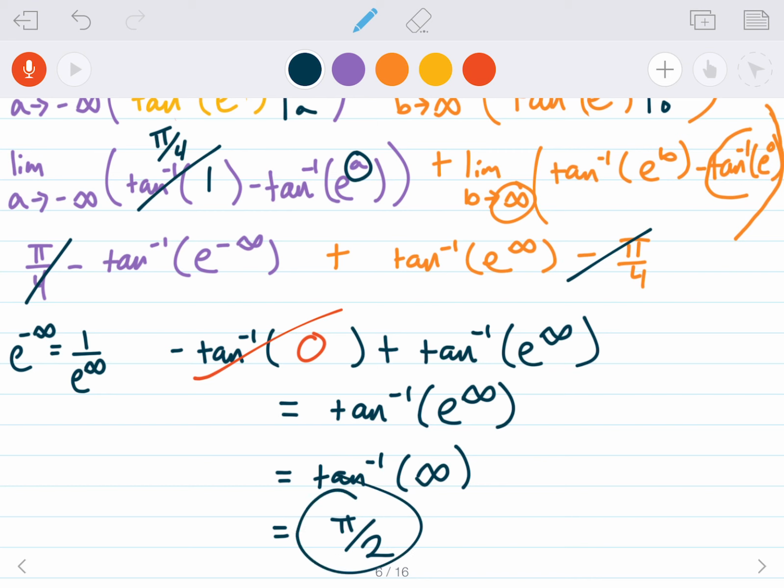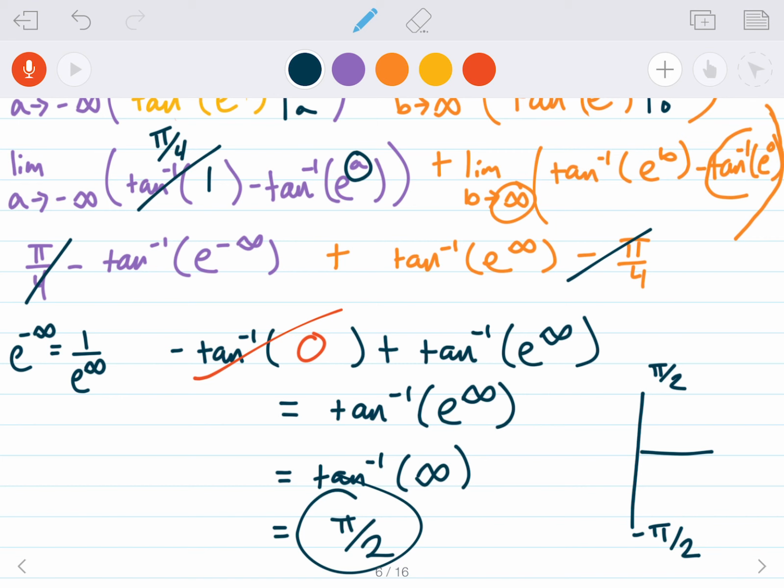Now, we can see this in a few different ways. Why is it that the tan inverse of infinity is pi over 2? What the heck does that even mean? Well, tan inverse is either going to be in quadrant 1 or quadrant 4, between negative pi over 2 and pi over 2.